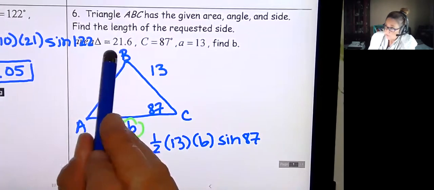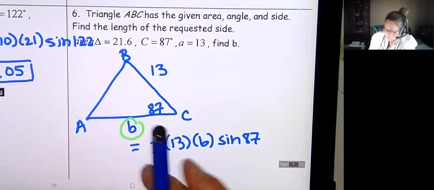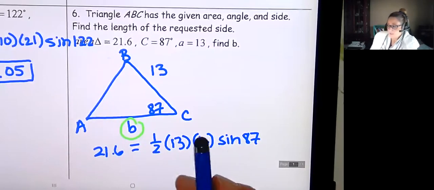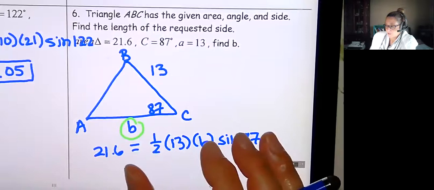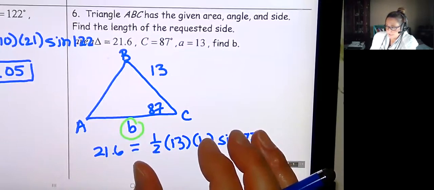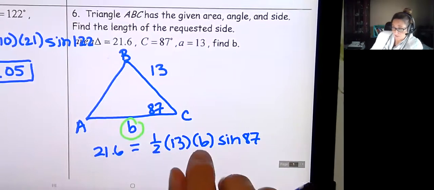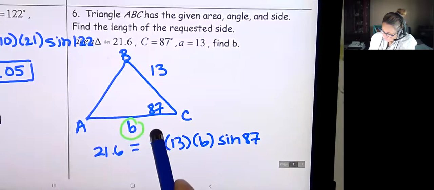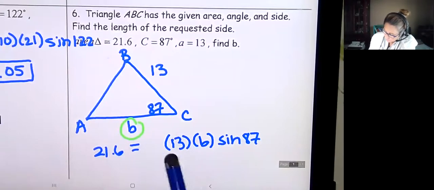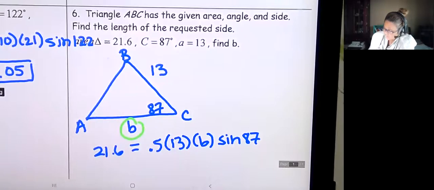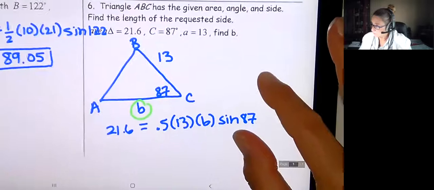The area was given right here. It's 21.6. Okay, so then what I'm going to do is put this in, and I'm going to try to get my b by itself basically. If you want, instead of this being a 1/2 like this, you can change this to a 0.5 if you prefer that. Maybe that might make it a little easier for you to put in the calculator.